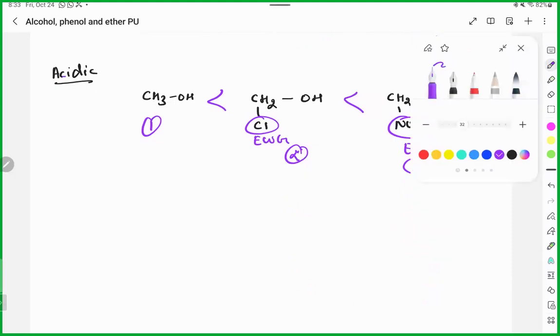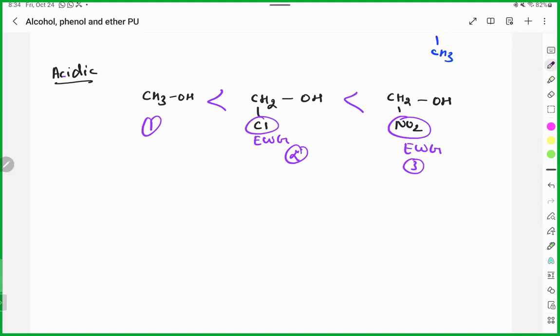And for JEE, you will not have this simple question. Different things will be asked. Remember, minus I effect and minus M effect, both will increase acidic character.